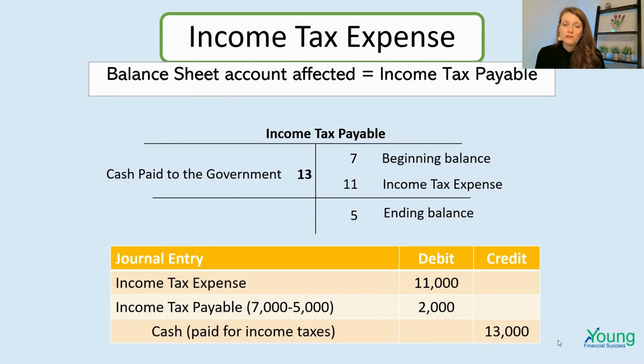So our cash effect would be our 13,000 leaving. So that's how much we would show as an outflow of cash. And we'd have the income tax expense of the 11,000, but income tax payable went down. So they paid some of that payable from the prior year as well.